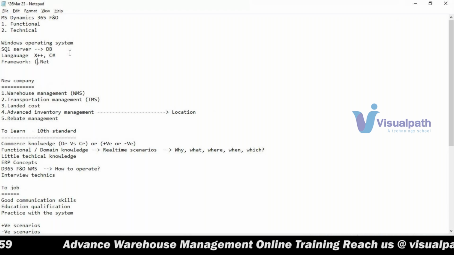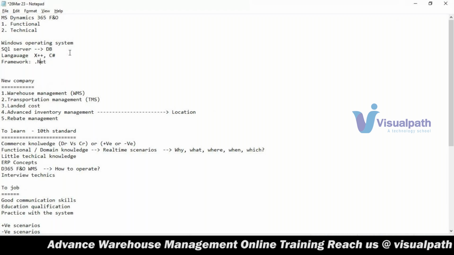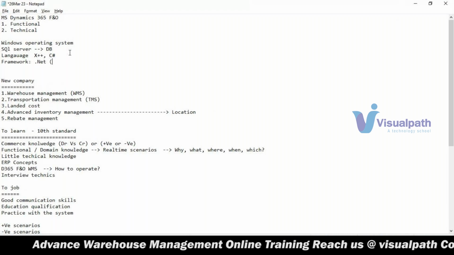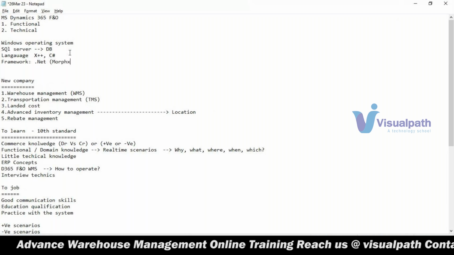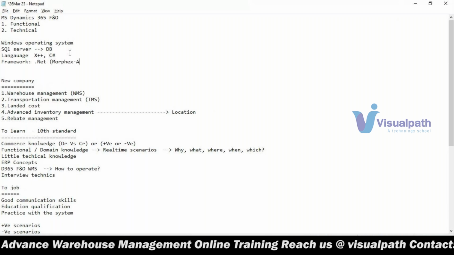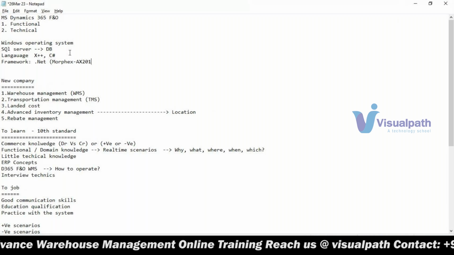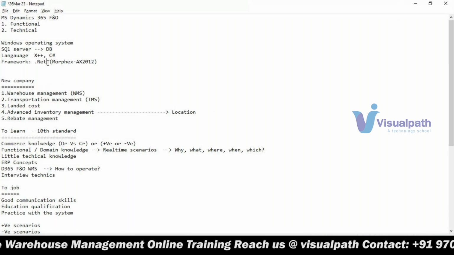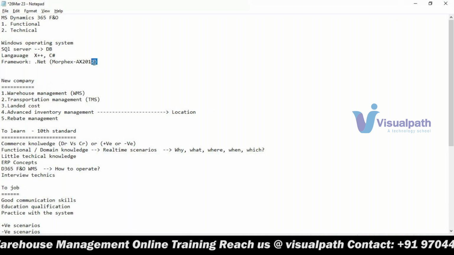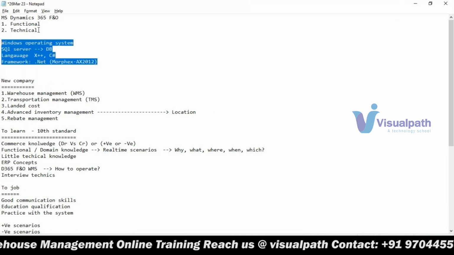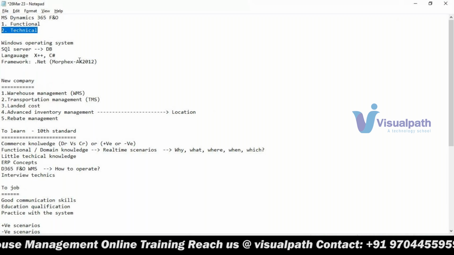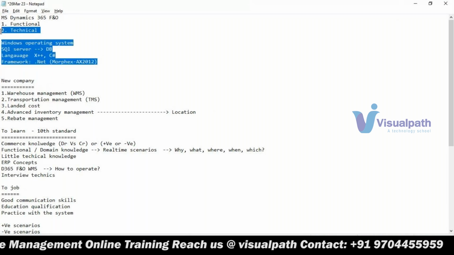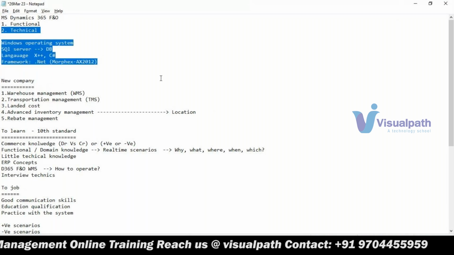Morphx was the framework in AX 2012. Now it is .NET. So these all are technologies. A technical person will learn all these things. For us, not required. We are simply working.